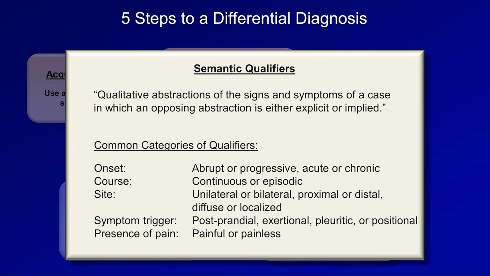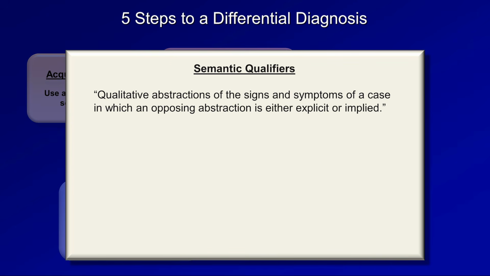The use of semantic qualifiers when reframing a patient's symptom is thought to aid in accessing chunks of information stored in the clinician's memory and is associated with a higher likelihood of arriving at the correct diagnosis. Let's look at some examples of how to use semantic qualifiers to reframe symptoms.